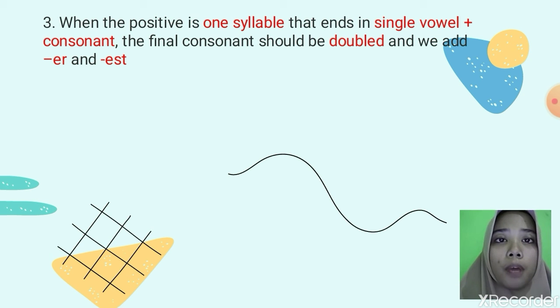So the third rule, when the positive is one syllable that ends in single vowel plus consonant, the final consonant should be doubled, and we add er and est.